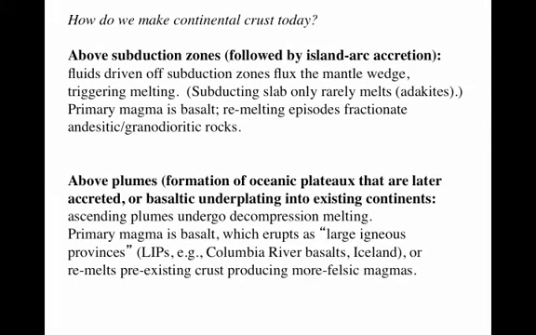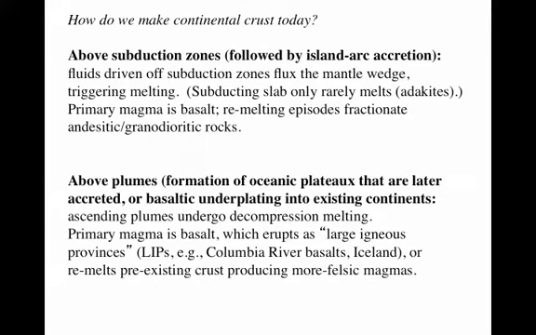So how do we make continental crust? Above subduction zones, fluids are driven off the subducting slab. They enter the mantle wedge that it overrides. It triggers melting by lowering the melting point of the peridotite in the mantle wedge. And we're not talking about melting the subducting slab, because that's only a rare occurrence. It is the mantle wedge that's melting. And the magma that's generated is a partial melt of the mantle, and that's a basaltic composition.